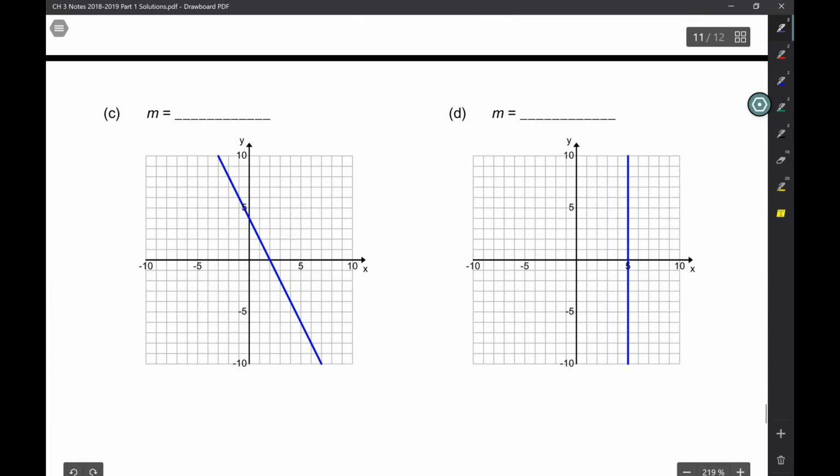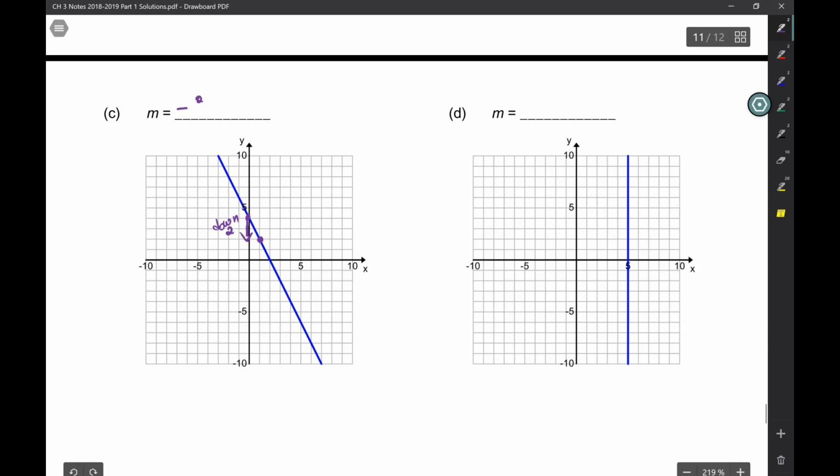What sign do you predict for this one? Positive, negative, 0, or undefined? What do you think? It's going to be negative because it's sloping down. So let's pick 2 points. We're going down 2.